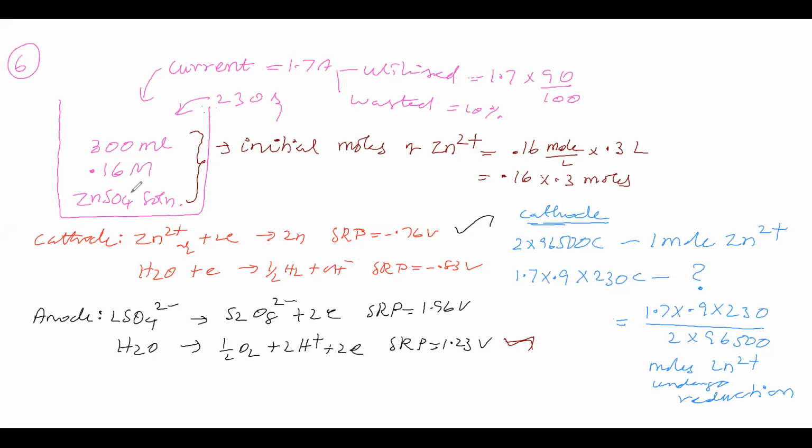So what about sulfate? Is sulfate undergoing any anodic or cathodic process? No. Sulfate is not undergoing any process, which means the number of moles of sulfate remains the same as initial.